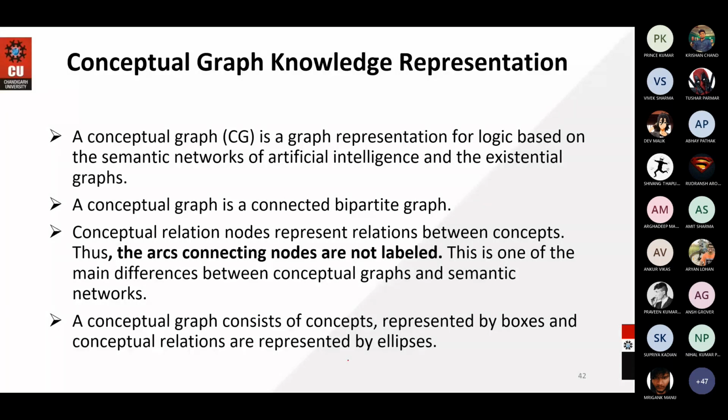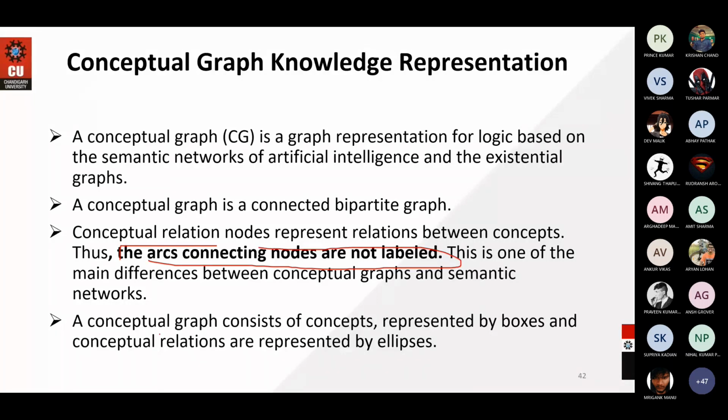These are simply bipartite graphs. It consists of certain nodes and certain arcs to connect the nodes. But remember, when we are talking about conceptual graphs, the arcs that are connecting the nodes are not labeled.